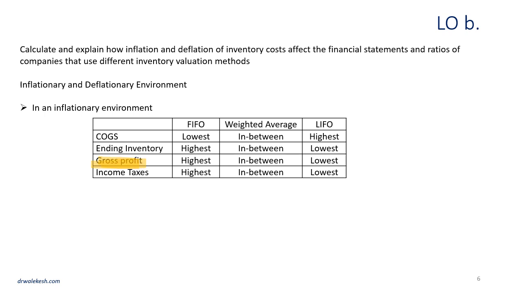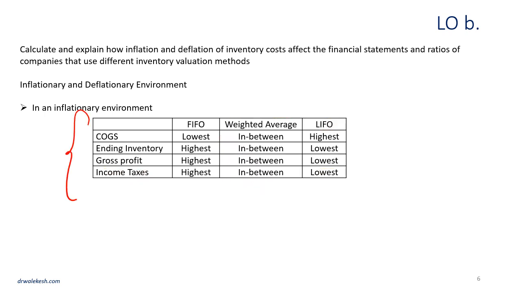The higher your profits, the higher your taxes. So if that is the case, since gross profit is highest under FIFO, then income taxes will also be highest under FIFO. Income taxes is lowest under LIFO. Weighted average cost is always in between.